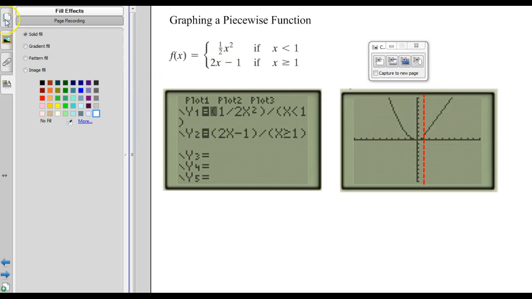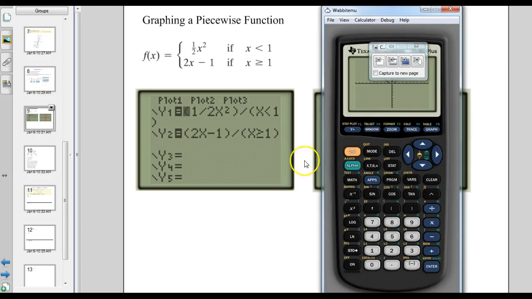Okay, now if you don't put these restrictions in there, what I've done here is I've turned off these two graphs by highlighting the equal sign. You just hit enter and you can turn off a graph. And then I've typed in these two, which are 1/2 x squared and 2x minus 1, the things I was supposed to graph, but without the restrictions.